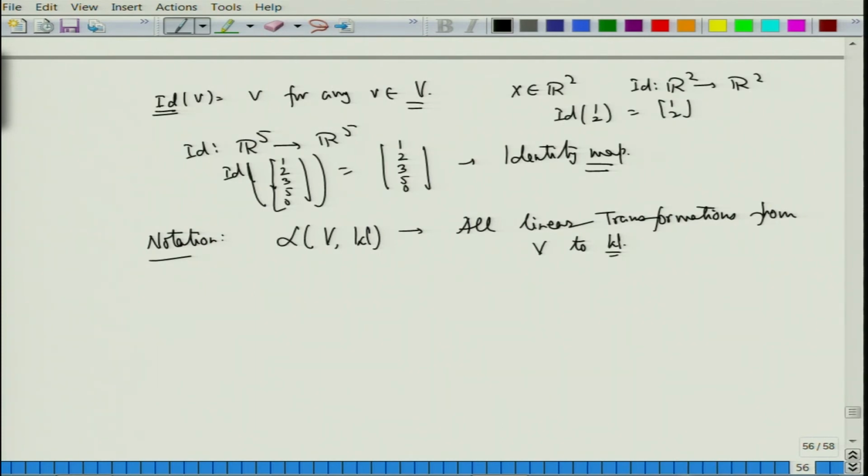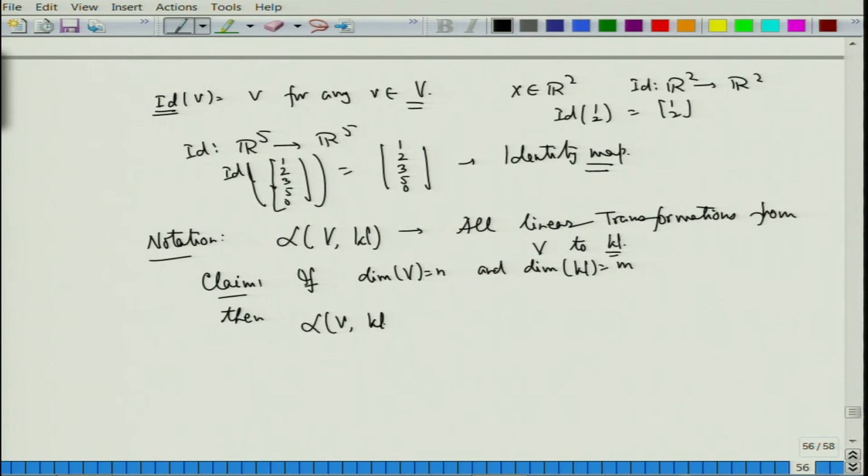So, we would like to claim that if the dimension of V is n and the dimension of W is m, then L of this in some sense corresponds to, so V has dimension n, so it corresponds to Rn here, this corresponds to Rm, and therefore I get a matrix which is of size m cross n.